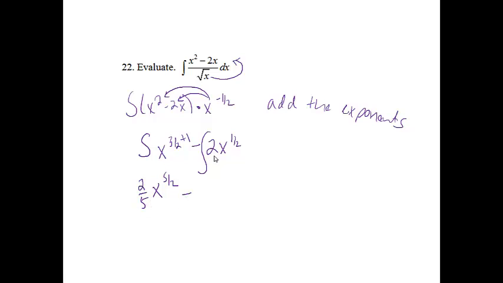And then minus, I'm just going to bump my 2 out front there. If I add 1 to that, I'll get x to the 3/2, and then on the outside we'll put 2/3. And then just cleaning this up a little bit, I'll get 2/5 x to the 5/2 minus 4/3 x to the 3/2 plus c, and that would be my integral.